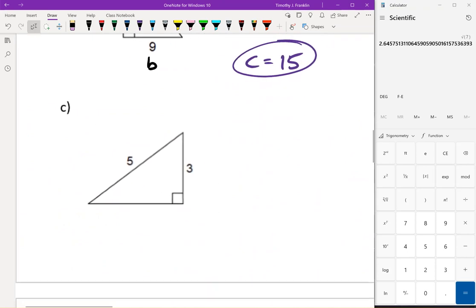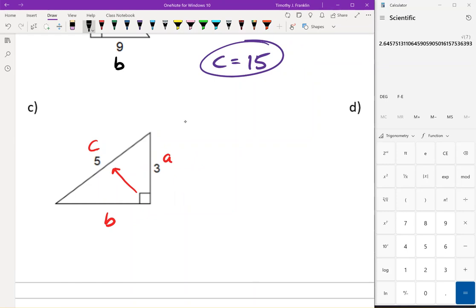Example C. Again, c is the side across from the right angle. So let's say we have a, we're missing b. And again, it doesn't matter which one you make a and b. A and b are just the legs. They are interchangeable.